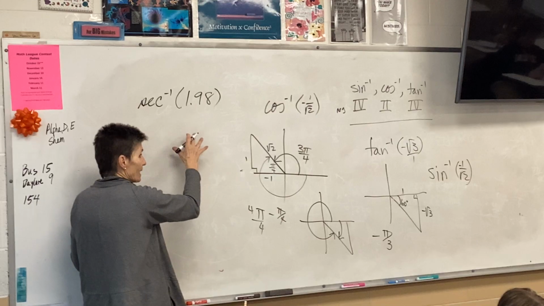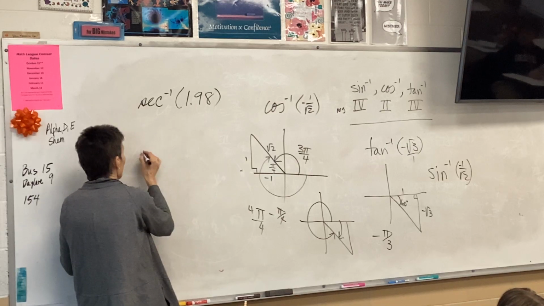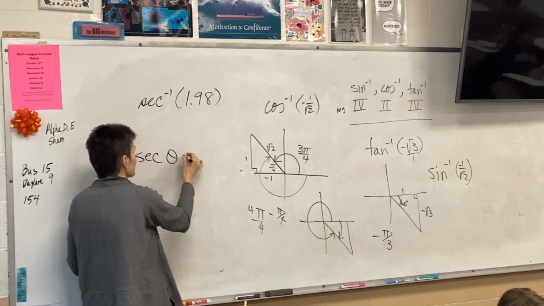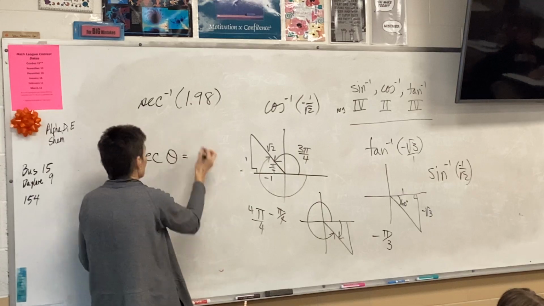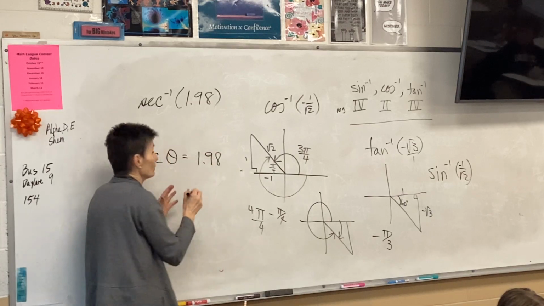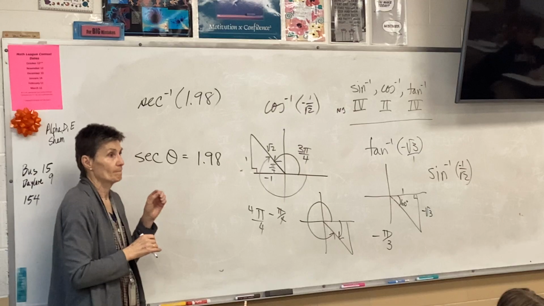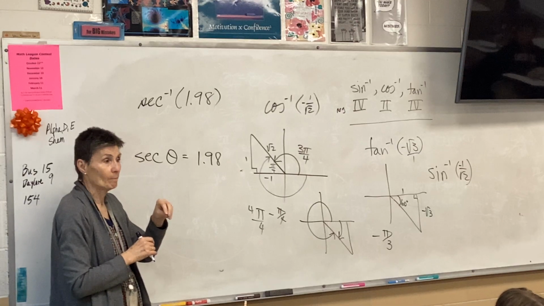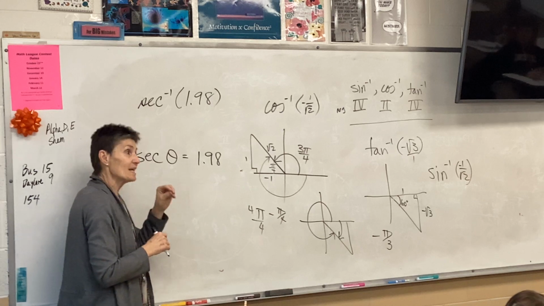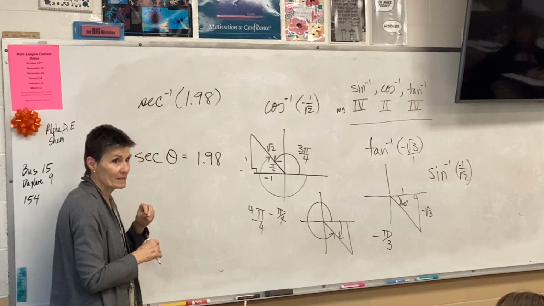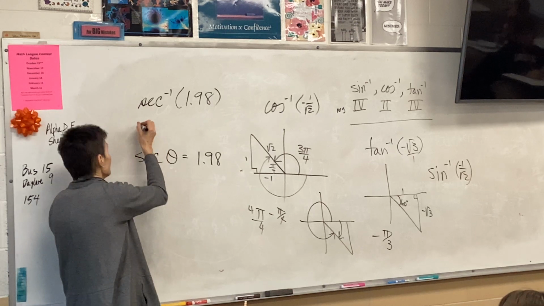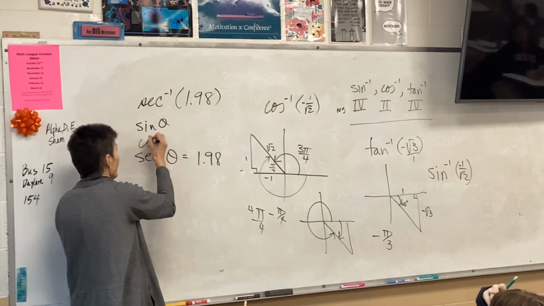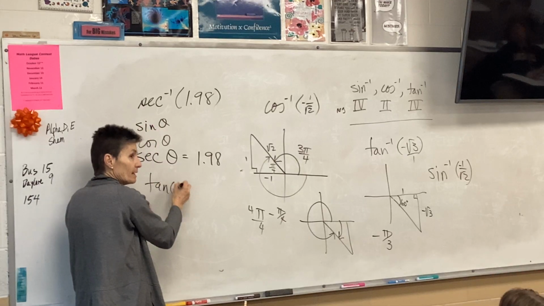This says, literally, that the secant of some angle is 1.98. Would you agree that's what the problem says? Yeah. I want to find the angle that has a secant of 1.98. So think about those problems that we did where you had to find sine and cosine, you had to find everything.